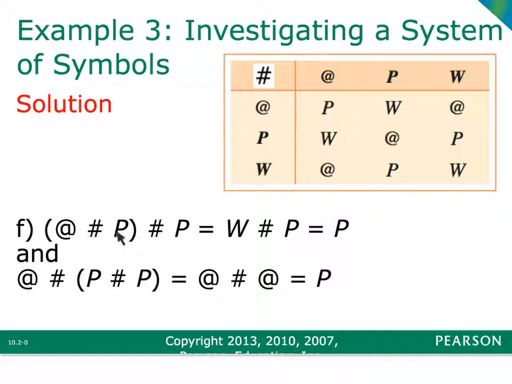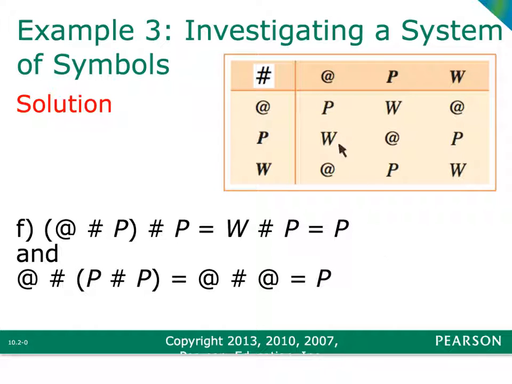So we do @ number P first in the parentheses on this side, which gives us W. Then we do W number P. And here we do P number P, which gives us @. So we see if W number P is the same as @ number @. W number P gives us P, and @ number @ gives us P. So these are the same. We do have the associative property in this example, at least from the example we checked.